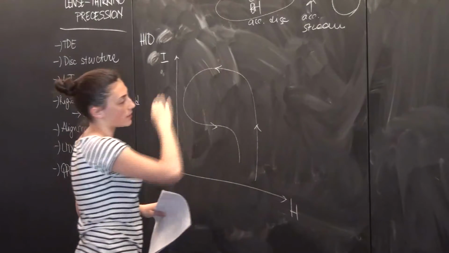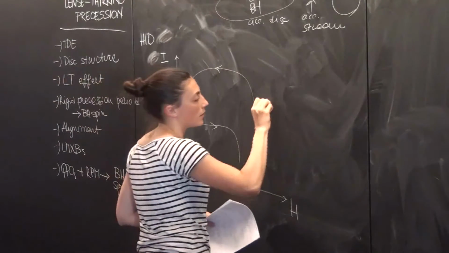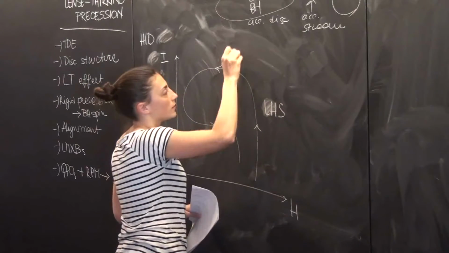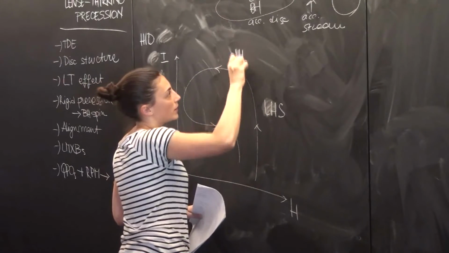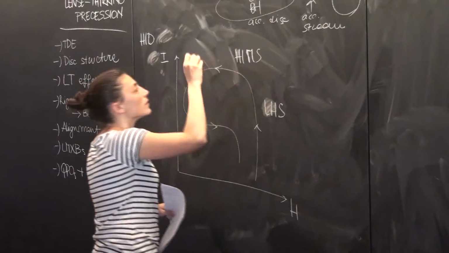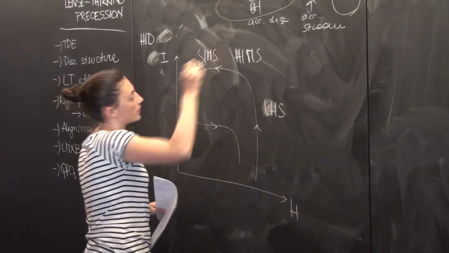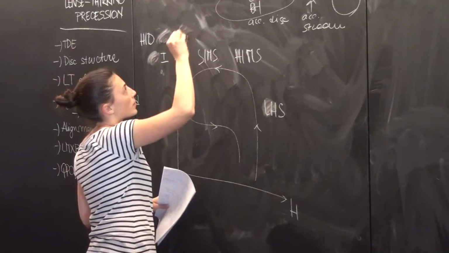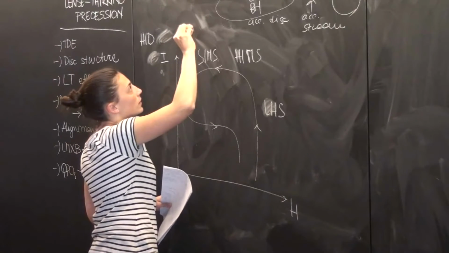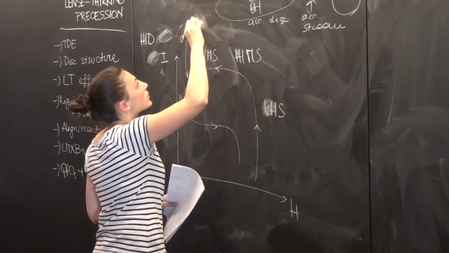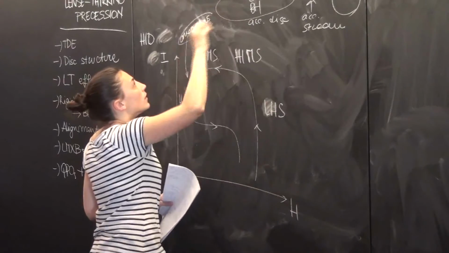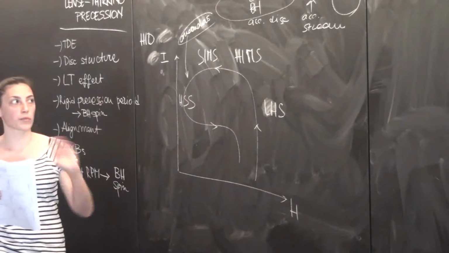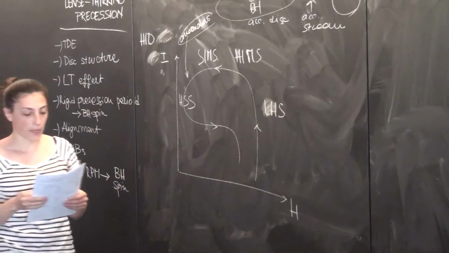We can thus distinguish four different states: the low hard state, the hard intermediate state, the soft intermediate state, and the high soft state. Plus, there is sometimes an anomalous state, during which the luminosity is above the Eddington threshold, and that's been observed in a few sources.